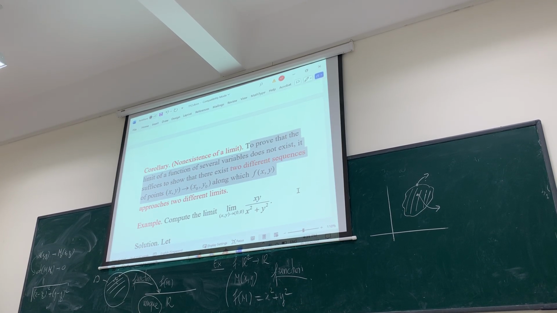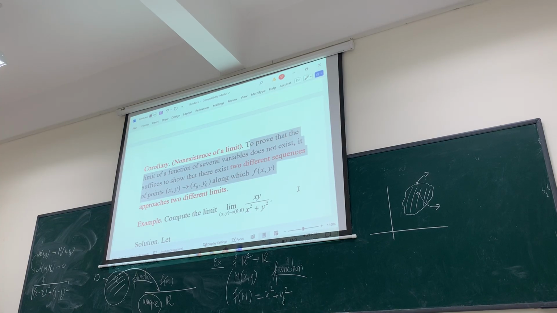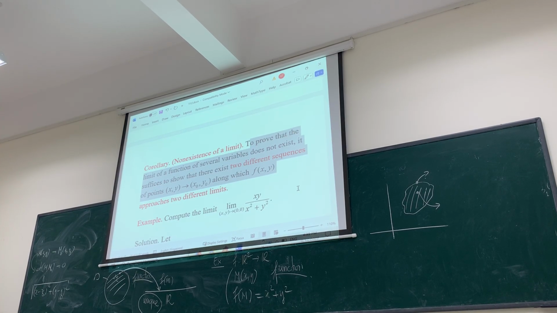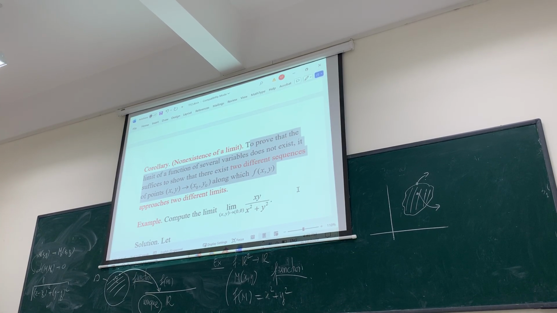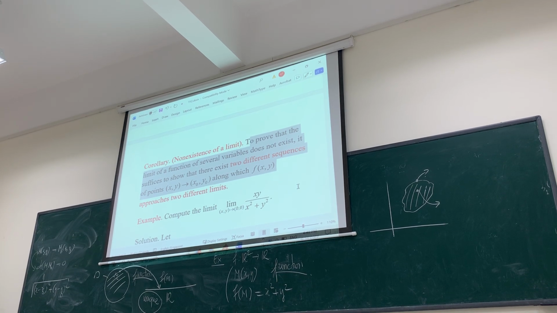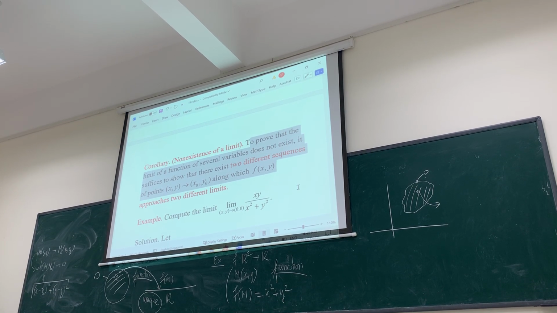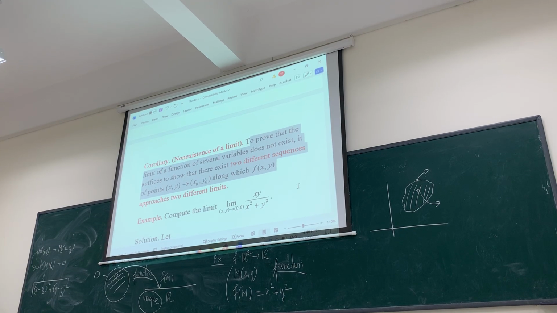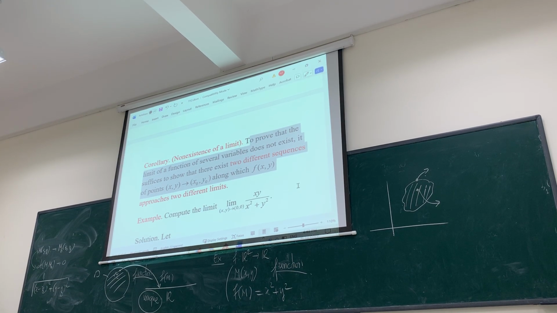Compute the limit. In this example, we prove the limit here doesn't exist. The method we use: we find two ways m tends to the point such that the function tends to two different values.